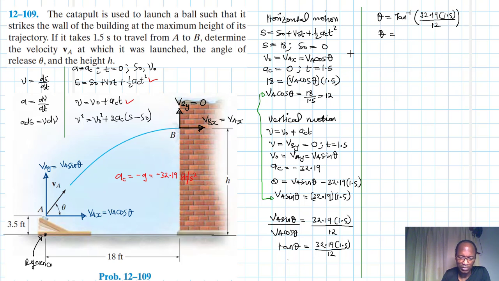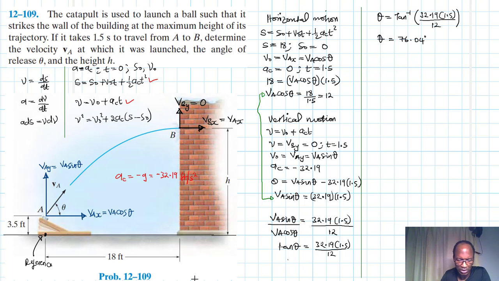Then tan inverse of answer, this gives us 76.04 degrees. Right, so this is the value of theta. This is the value of the angle of release.